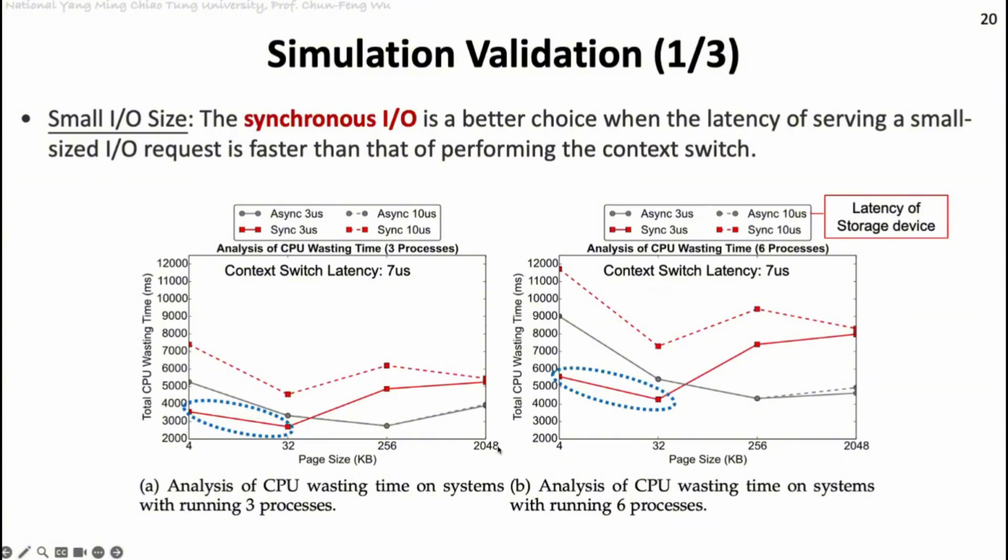The only difference is how many processes they run simultaneously. On the left-hand side, we run 3 processes at the same time, and on the right-hand side, we run 6 processes at the same time. So the key thing is the configuration.